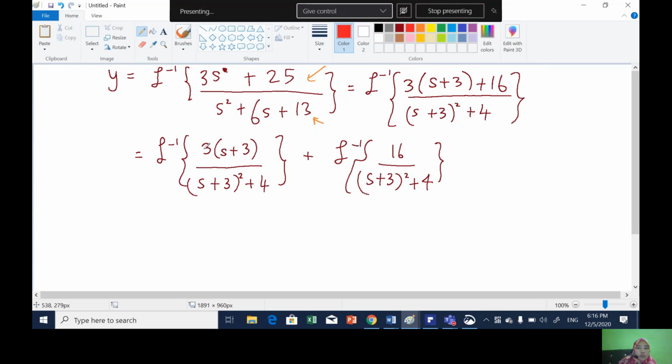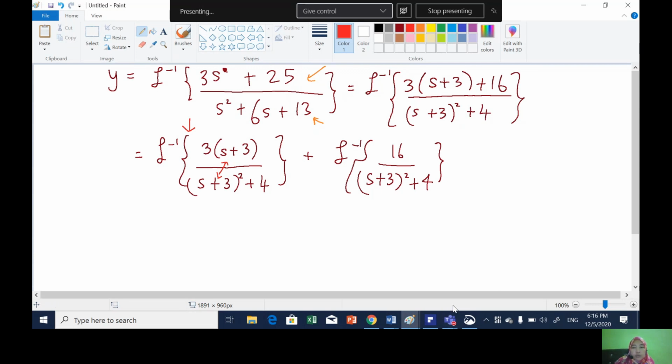Because this is a constant, for the first one we use number 20, because of this similarity. But this one, we're not going to use number 20.